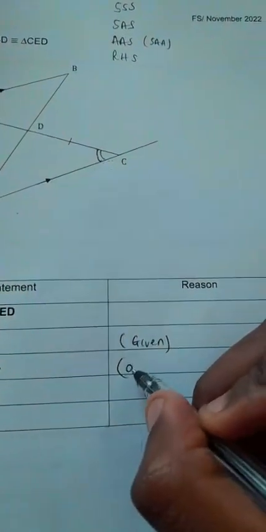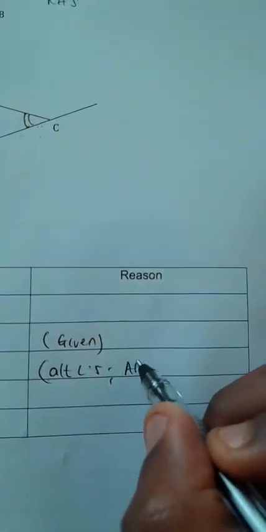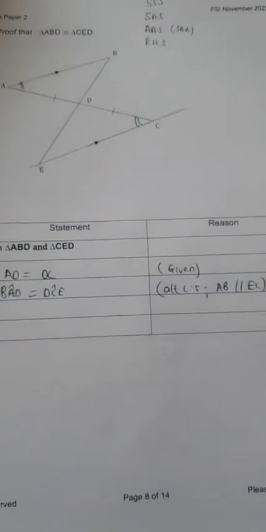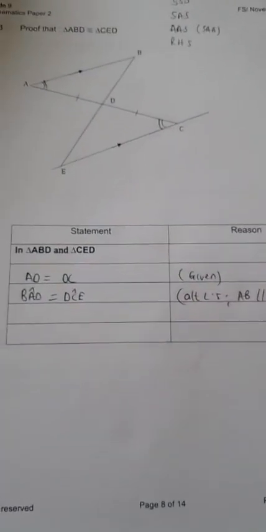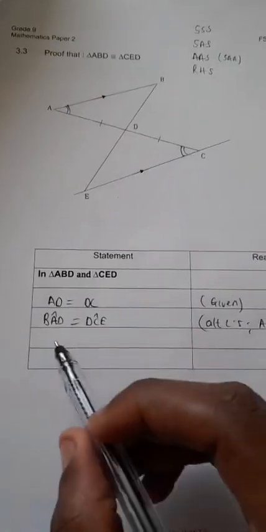What's the reason? Alternate angles. And then we state the parallel lines. Don't forget that. AB is parallel to EC. Very important. If you don't state the parallel lines, guys, you're just going to throw away marks for no reason. Please make sure you state the parallel lines. Don't just write alternate angles. It's not good enough to just write alternate angles.